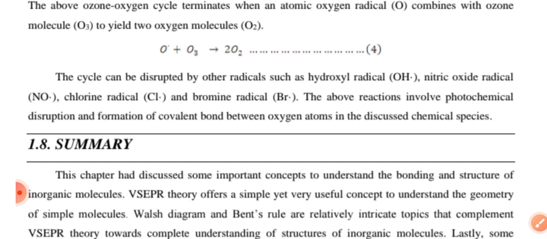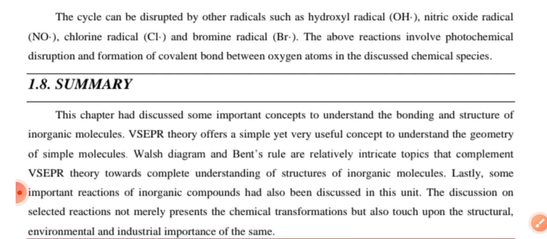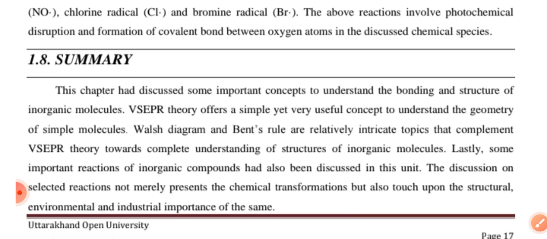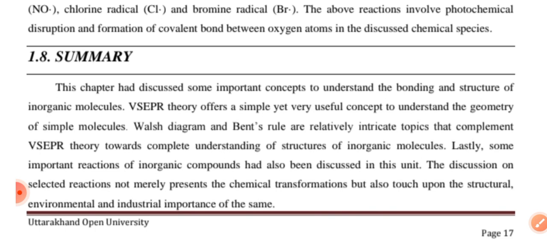O reacts with O3 to give two O2. The cycle can be disrupted by other radicals such as hydroxyl radical OH, nitric oxide radical NO, chlorine radical Cl, and bromine radical Br. The above reactions involve photochemical disruption and formation of covalent bonds between oxygen atoms in the discussed chemical species.